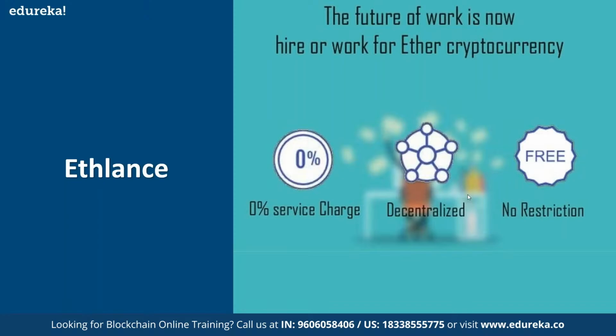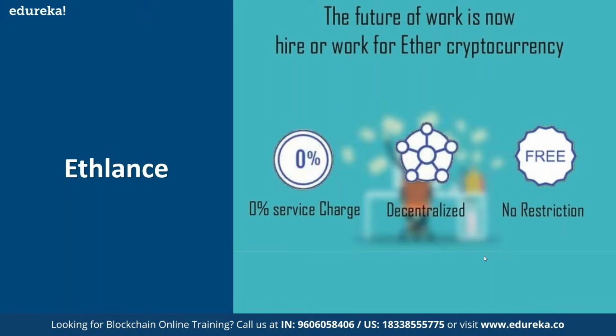It has 0% service charge, it's free and it's decentralized. It's the first kind of job market platform for connecting freelancers and developers with their employers. And the best part is the entire database runs completely on Ethereum.